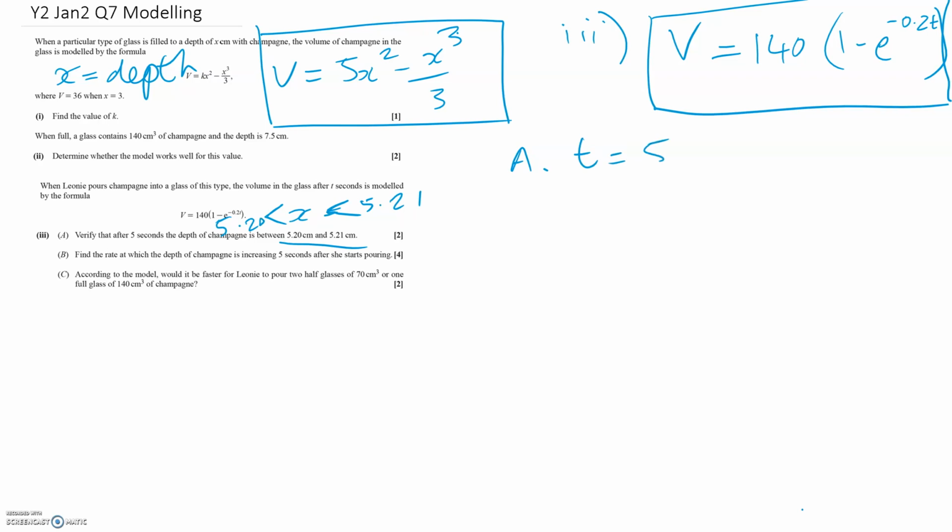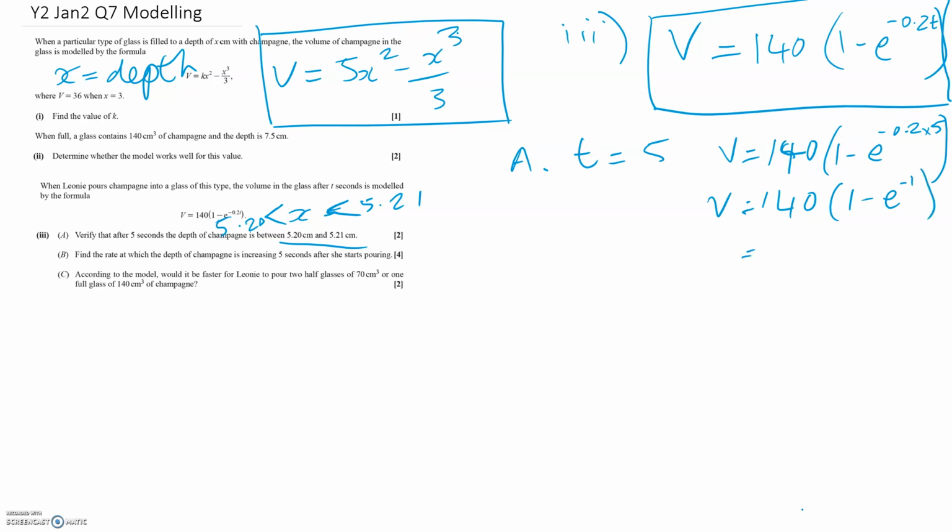When t is 5, we can substitute that into that formula above. So we'll have 140 times 1 minus e to the minus 0.2 times 5. 0.2 times 5 is 1. So this is going to be 140 times 1 minus e to the minus 1.